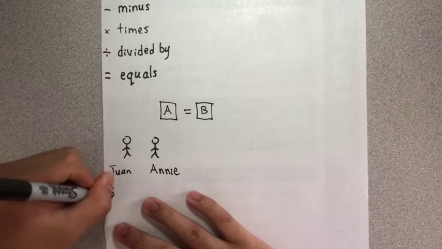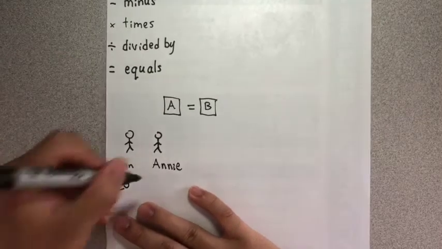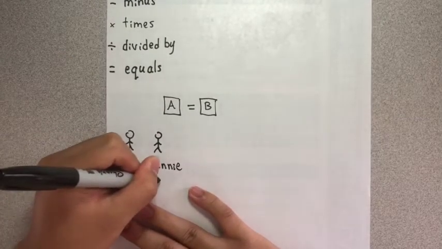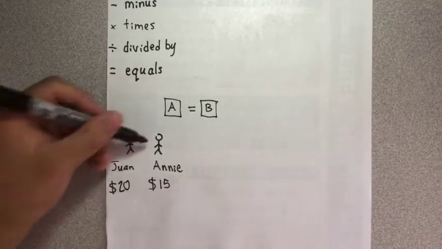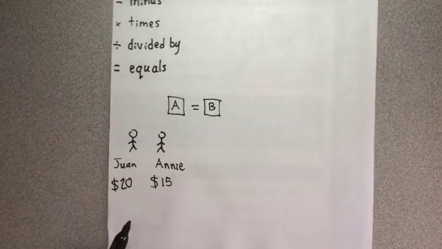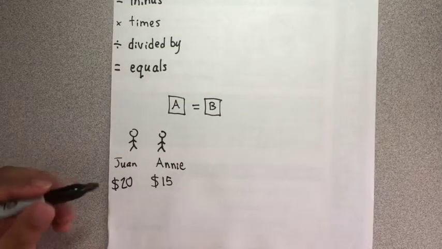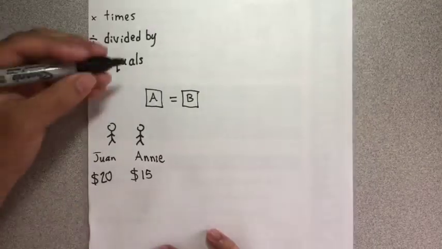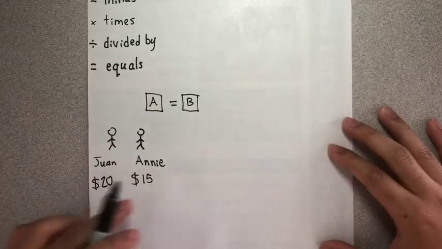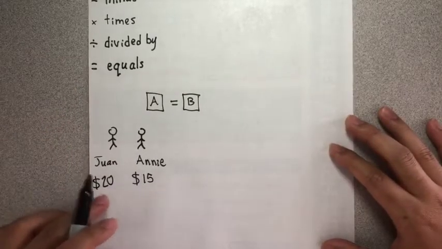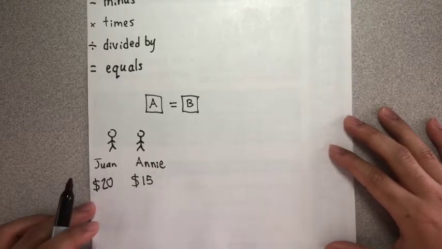Let's say Juan has $20 and Annie has $15. Okay, Juan has $20 and Annie has $15. Let's say they want to go eat lunch together. They want to see how much money they have in total. So they want to eat the same food at the restaurant. They want to eat together.